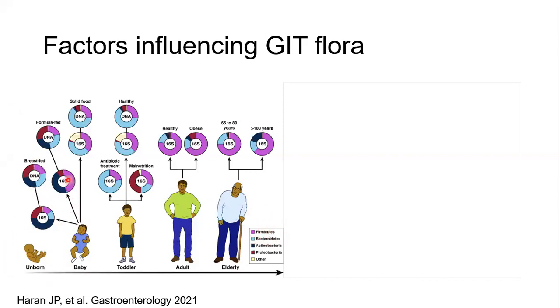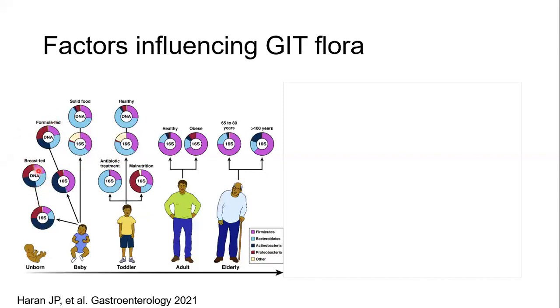So the purple or lavender is Firmicutes, the light blue is Bacteroidetes, the dark blue is Actinobacteria, and the red, dark mauve, depending on whether you're colorblind or not, is Proteobacteria, and then the creamish beige is other bacteria.